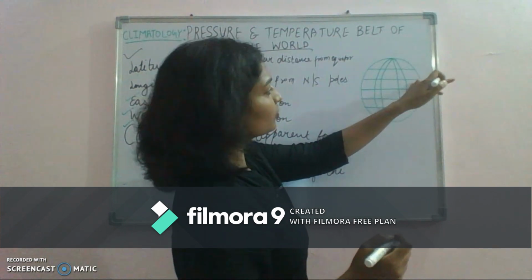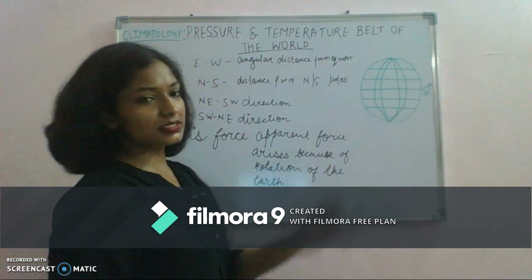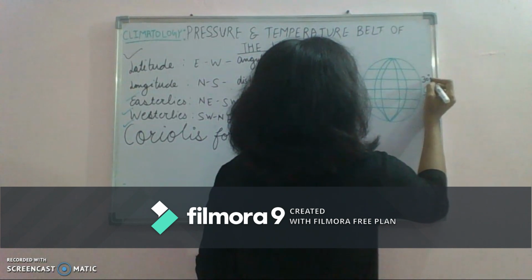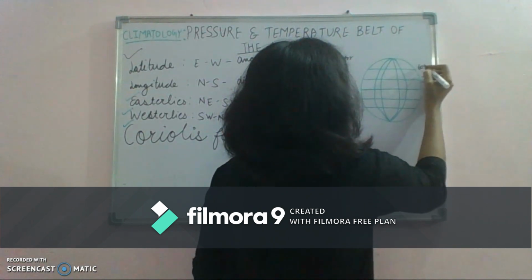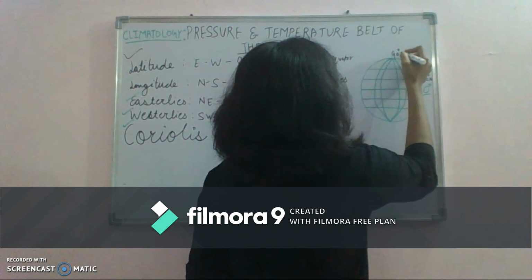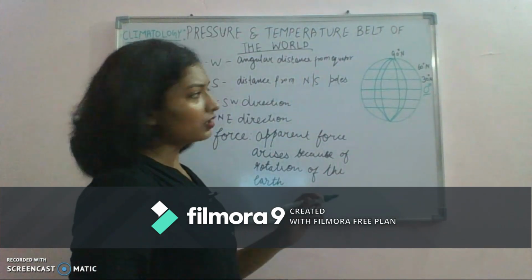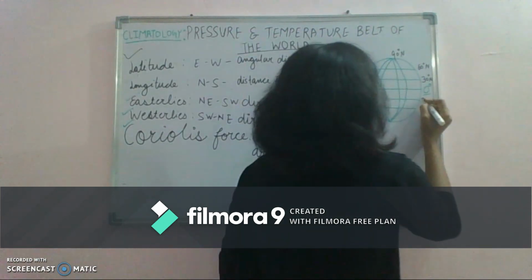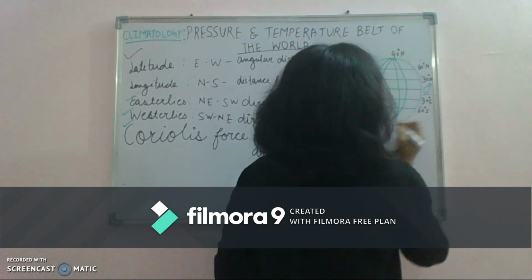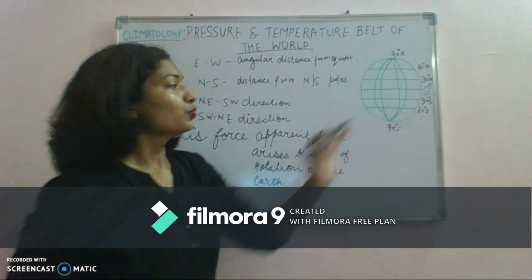The angular distance from the equator towards the north and towards the south is considered latitude, which includes 30 degrees north, 60 degrees north and 90 degrees north, also known as the North Pole. Similarly, in the southern hemisphere, it is 30 degrees south, 60 degrees south and 90 degrees south, also known as the South Pole.